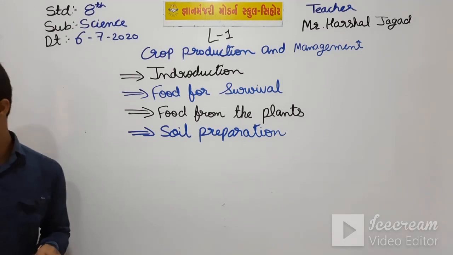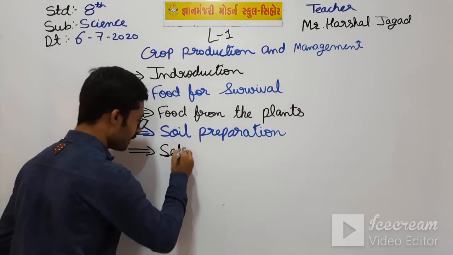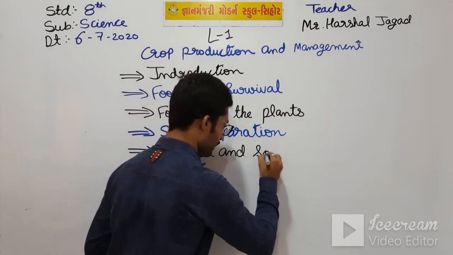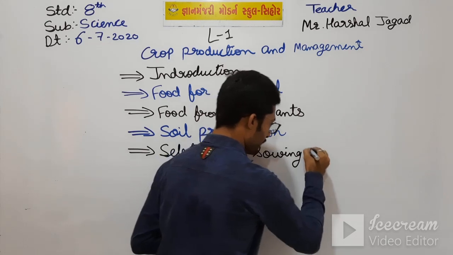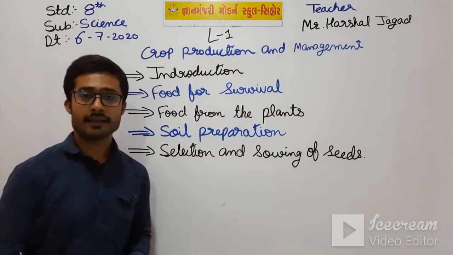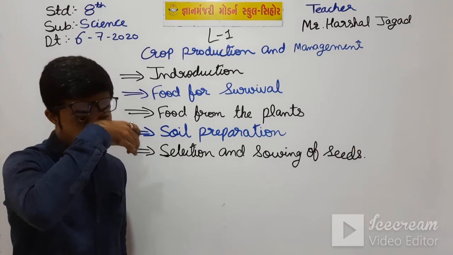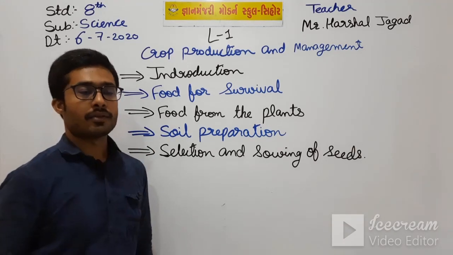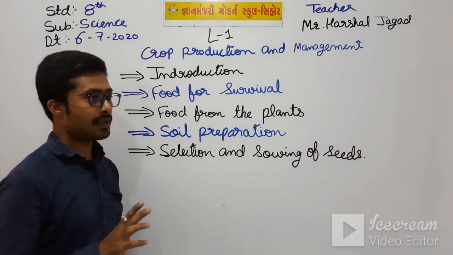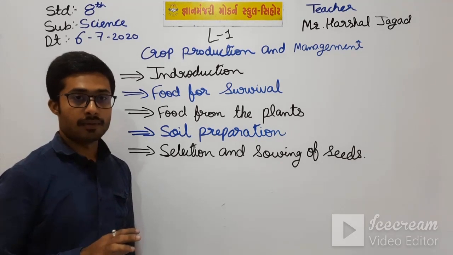Next was selection and sowing of seeds. The seed is selected and then sown in the soil. For the sowing of seeds there are two methods, the manual method and a tool called the seed drill.